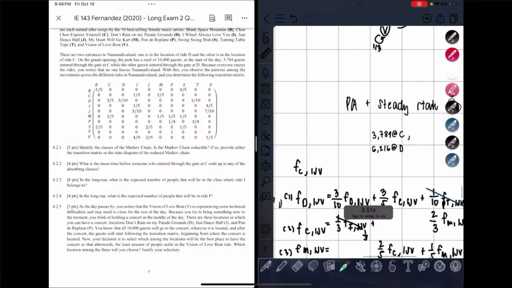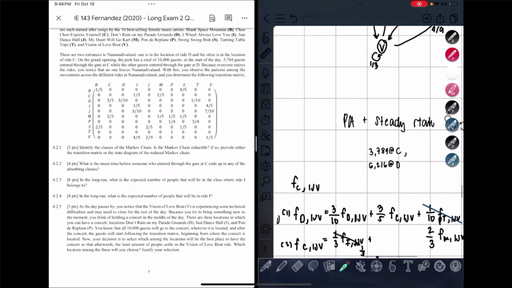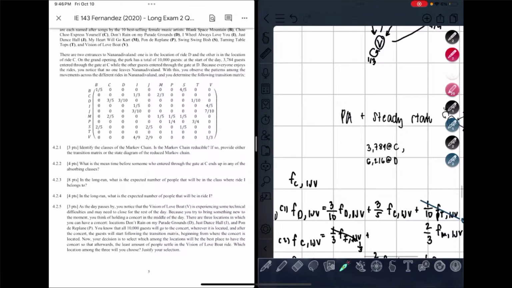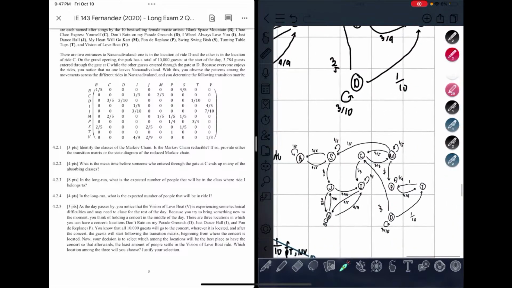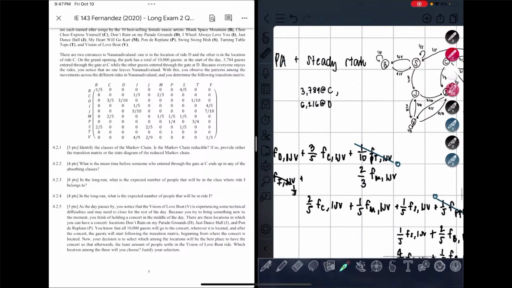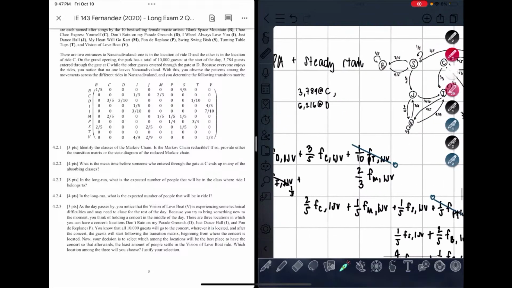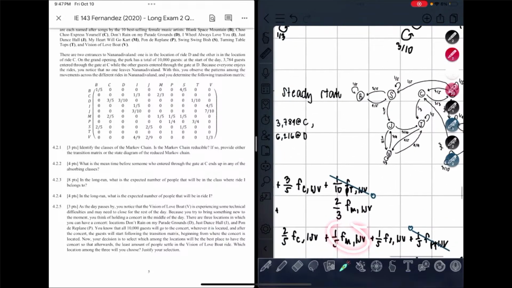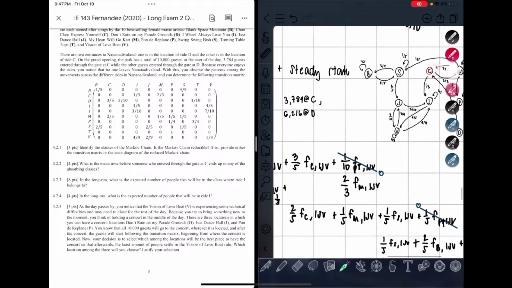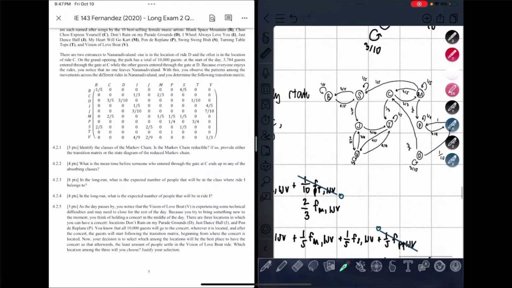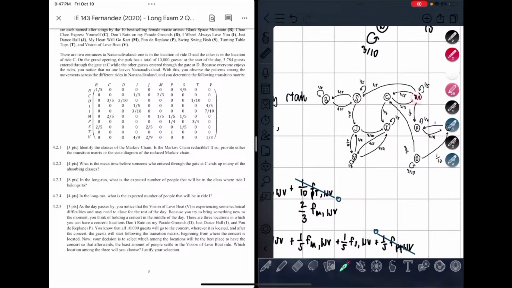Yeah, so now we have 2 equations, 3 unknowns. So adding FM naman, IJV. So 1/5 back to itself. And then 2/5 FC to IJV, and then 1/5 FS to IJV.